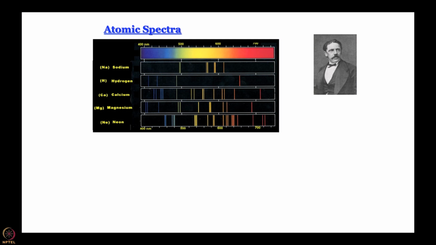Now see, if the Rutherford model was correct, then what we should see is a continuum, something like the top panel. We do not see that. Depending on which atom you look at, you see lines, and in fact you see some series of lines. This is something that was known by the time Rutherford proposed his theory.